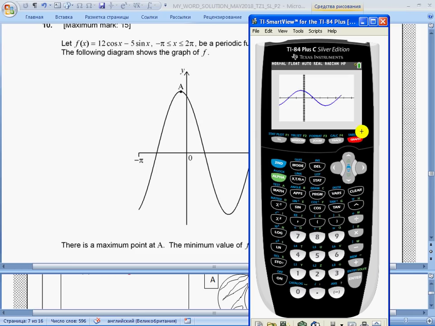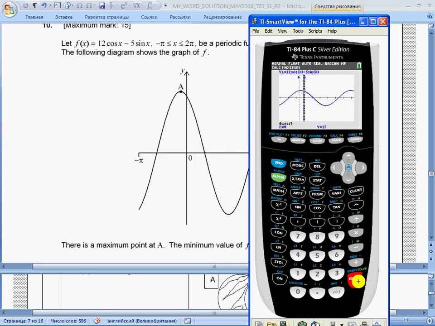Okay, so we need this maximum. So we go trace, maximum 4. So we go to the left of the maximum, enter. Then to the right of the maximum, enter.